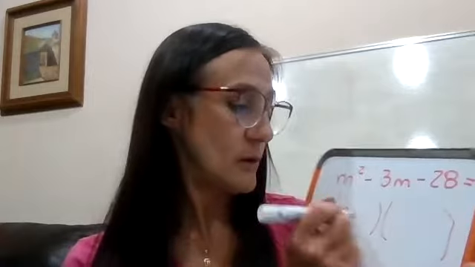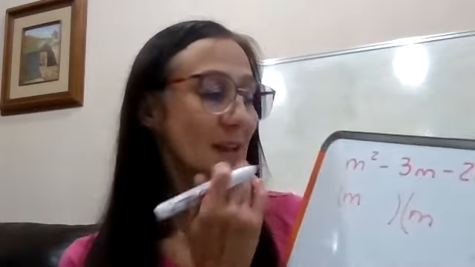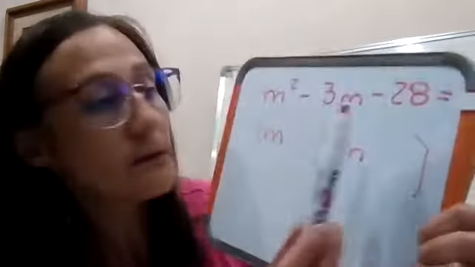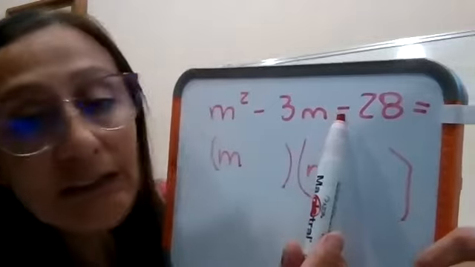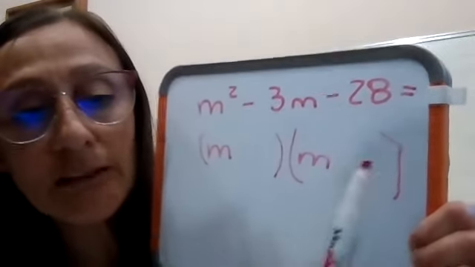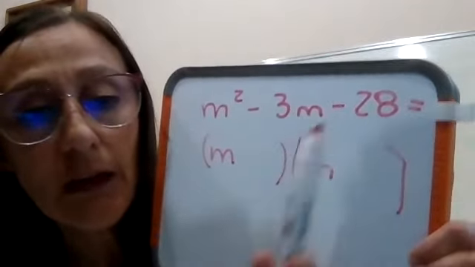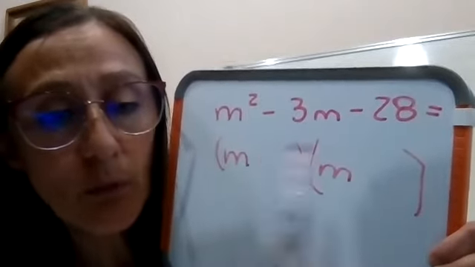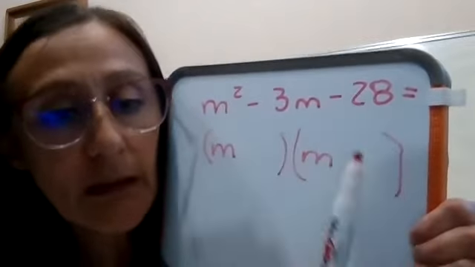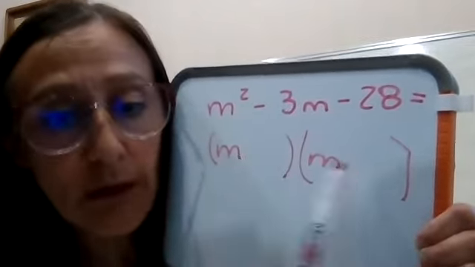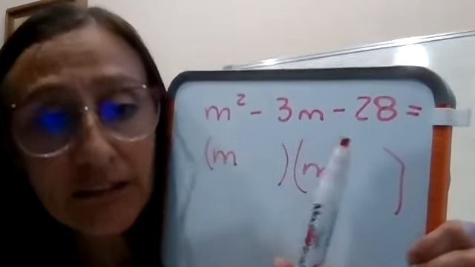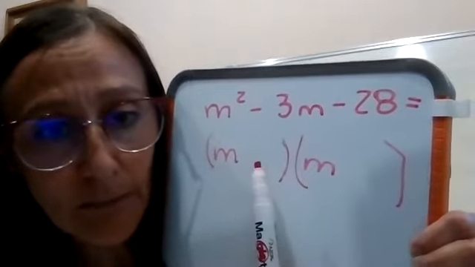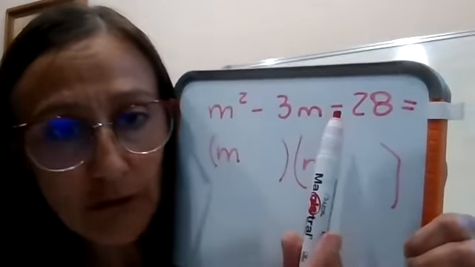So you put m here, and they have to multiply to give 28, and then you look at this sign. If this is negative, it means that they are different. If this is positive, it means that they are the same sign. For example, it will be cat and cat, or dog and dog, okay? If it's negative, it will be a cat and a dog, or a dog and a cat. So that means different, okay?